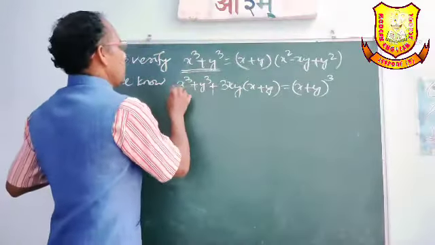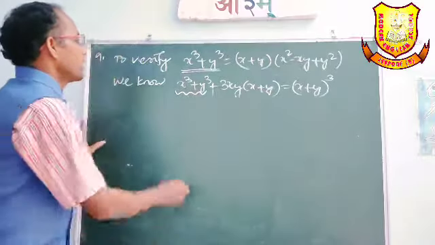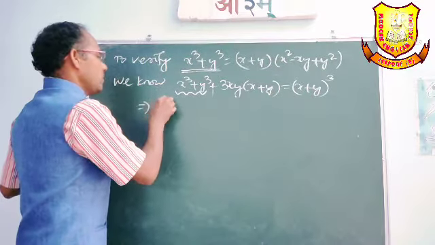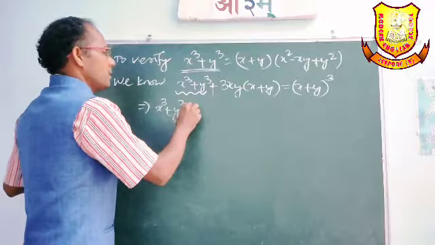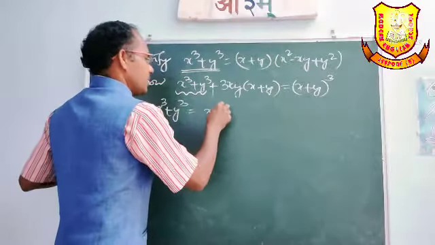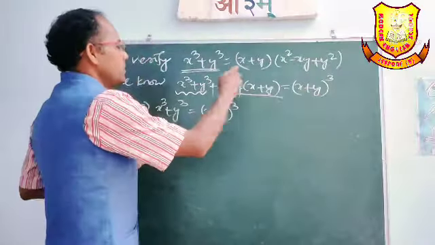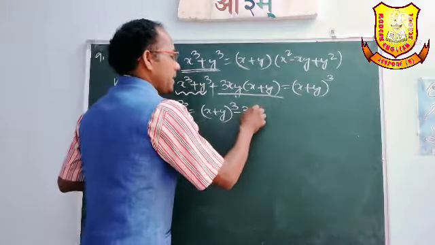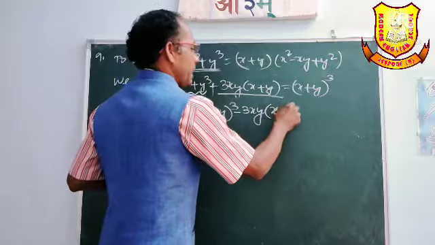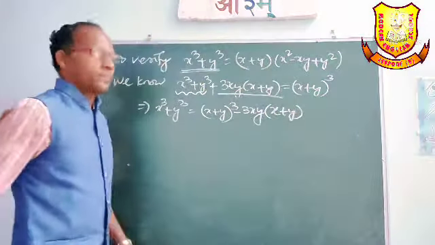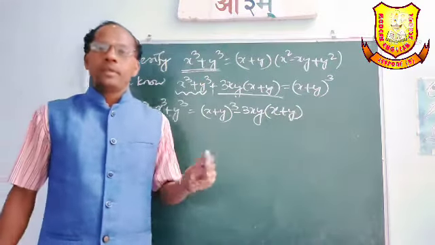From here we have to find this one. It implies that x cube plus y cube equals (x plus y) whole cube. This term transposes to that side, it will be minus 3xy whole into x plus y. Am I clear?